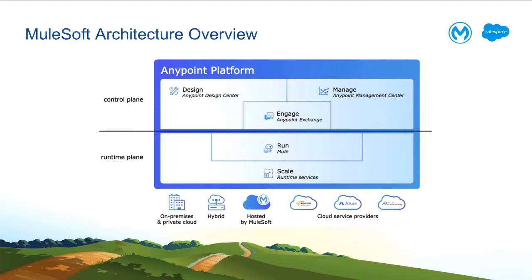And you want to have some sort of easy connectivity so that you're not writing custom code to each different system. So here we have the design section, the manage, and the scale, and different deployment options. The most important piece, what I like to call the magic sauce of our platform, is the Mule runtime engine, which supports all these great functionalities.